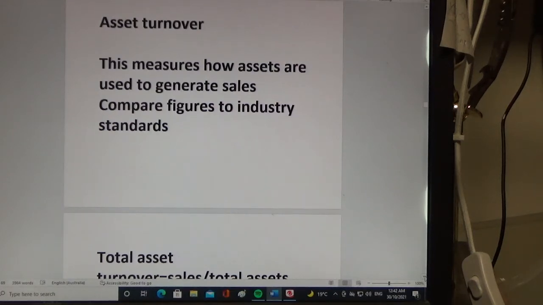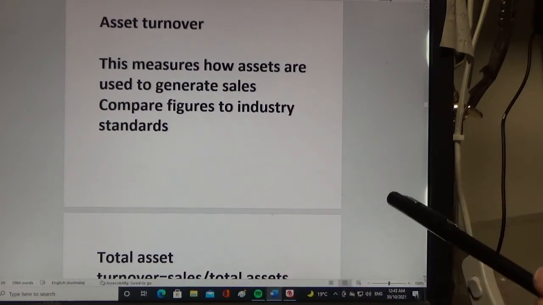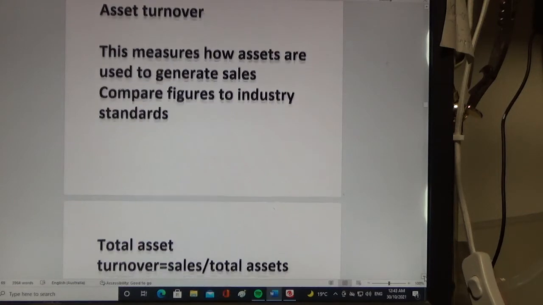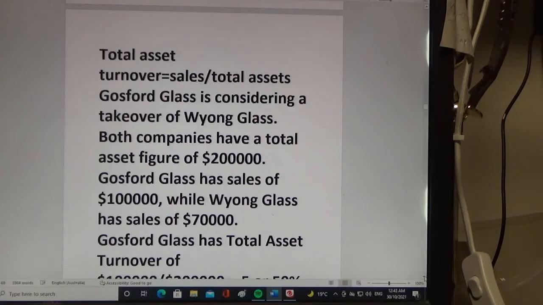It could be a regional average, or you're just using these ratios to compare company A and company B and then company C. So there's a number of ways you can compare these, and I'm sure the Australian Bureau of Statistics has got some of these in their accounting section. So total asset turnover is sales divided by total assets.